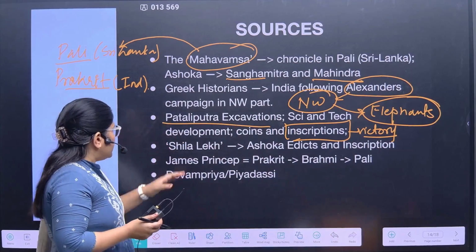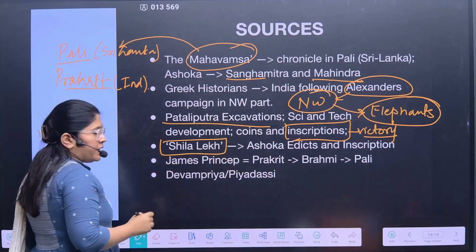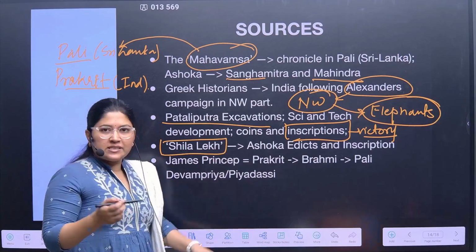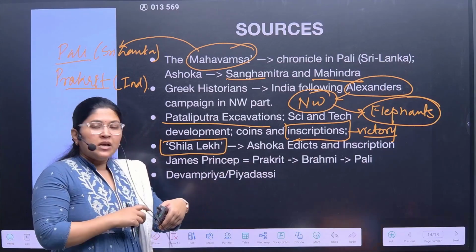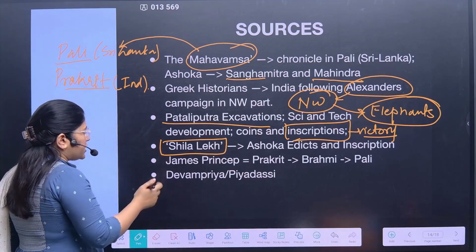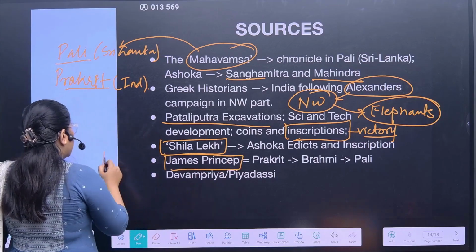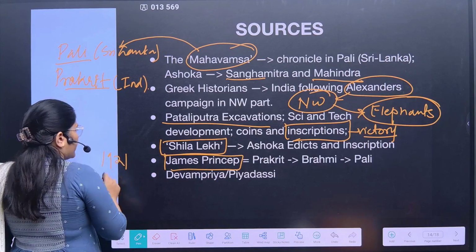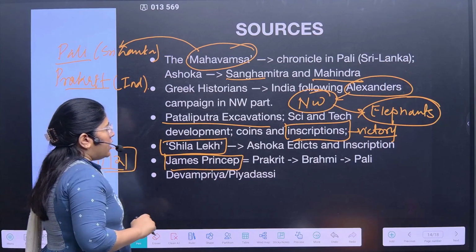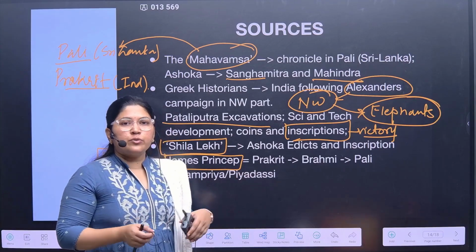Now the Shila Lake is one of the examples of the Ashokan edicts and the inscriptions where we see the political situation and the science and technological situation. After that, it is James Prinsep who, in 1921, says that Prakrit, Brahmi and Pali were carried out during this time.